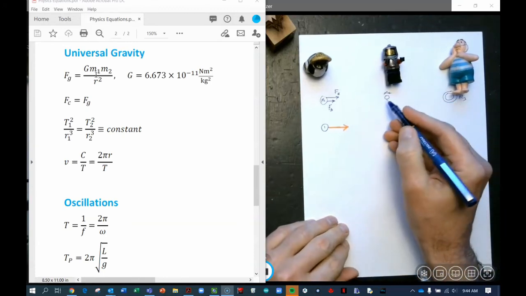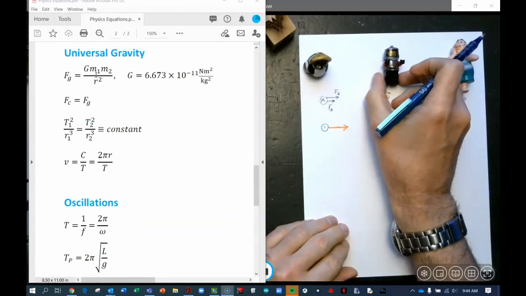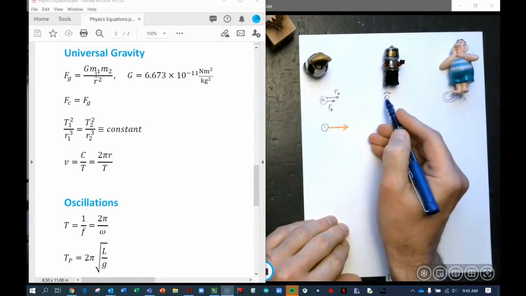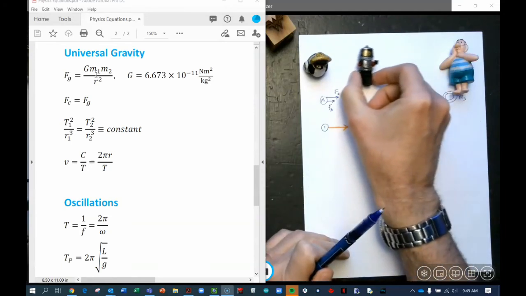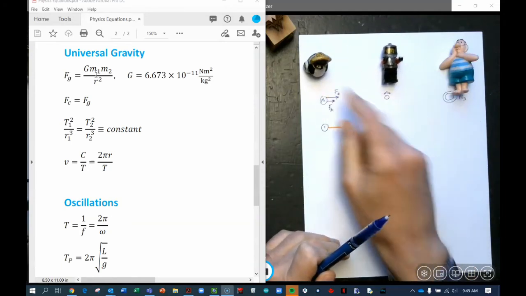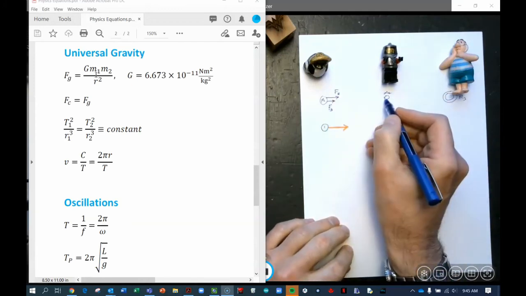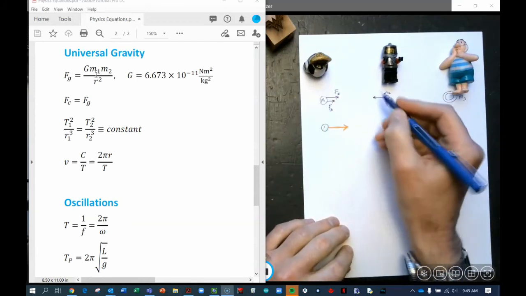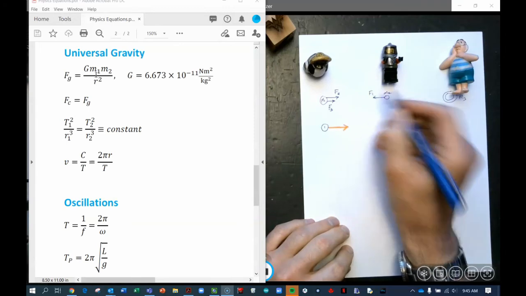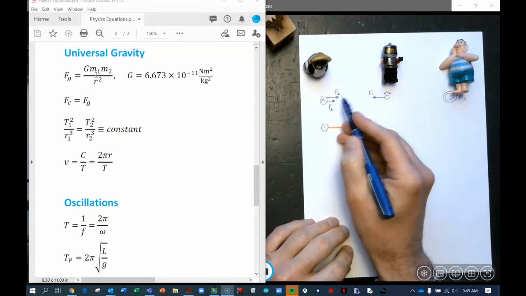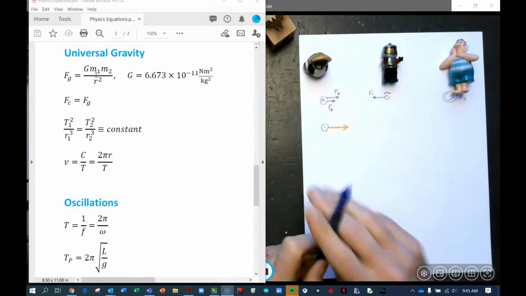If we take a look at this little guy here, then he is going to be pulled to the left, right? Being attracted to the tanuki doll, and that is going to be a force that we're going to call F1. And if you recall, F1 and F2 have to be the same, right? Because this is the universal law.